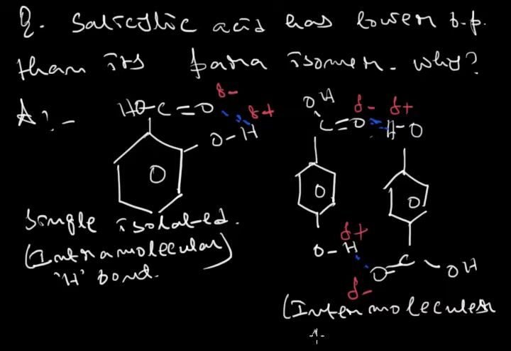Since a large number of molecules are associated, their boiling point is high, so para hydroxy benzoic acid has higher boiling point than salicylic acid, because salicylic acid exists as single molecule and para hydroxy benzoic acid exists as associated molecules. So intermolecular force of attraction is greater in case of para isomer and its boiling point is higher. That's all about hydrogen bond.